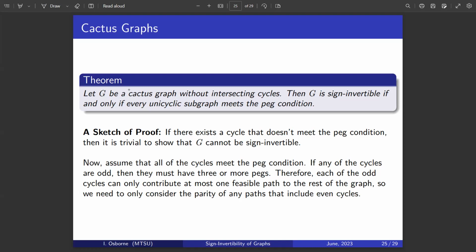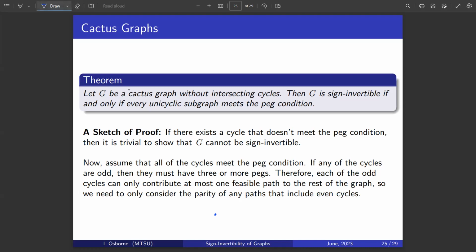So I'm just going to go through the proof here kind of quickly. For the first case, if you have a cycle that does not meet one of the conditions in the peg condition, like you have only one pendant edge and it's an odd cycle, or if you have two pendant edges but the paths are congruent to each other, then it's really easy to show that even if that's part of a cactus graph, it still can't be sign-invertible.